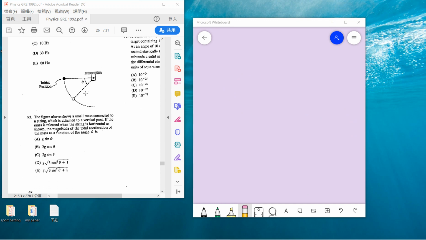Okay, so 93. You have an initial potential and are asked about the total acceleration. The first way to solve it is very simple. We know that sine theta equals 0.